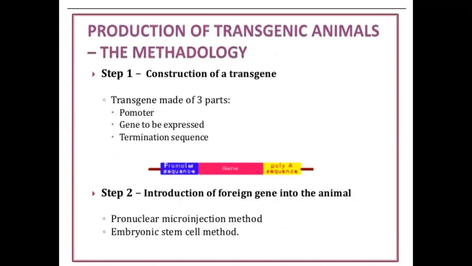When we were talking about the various tools involved in genetic engineering, we spoke about the various enzymes also, isn't it? Because enzymes are very important for the conversion of one substance into another product. Likewise, three parts are involved here: the promoter, then the gene to be expressed, then the termination sequence.